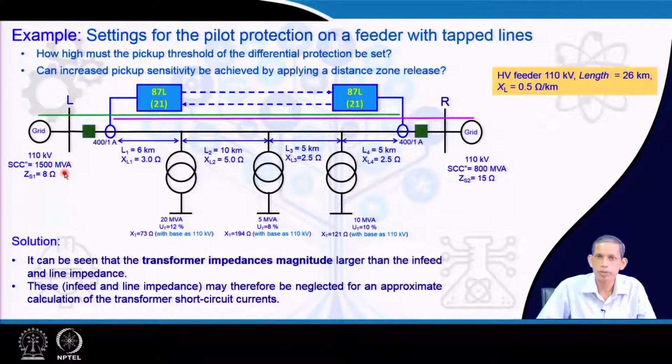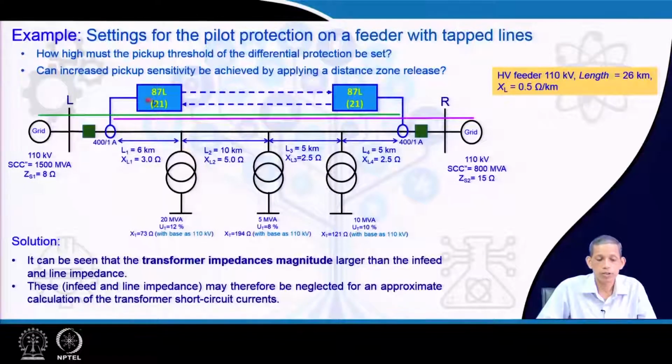We have the short circuit capacity of this side grid and this side grid, all data given, line lengths of 6 km, 10 km, 5 km and another 5 km available here. It is a 110 kV system, and the total length is a 26 km feeder.